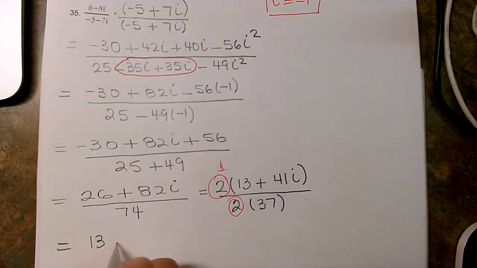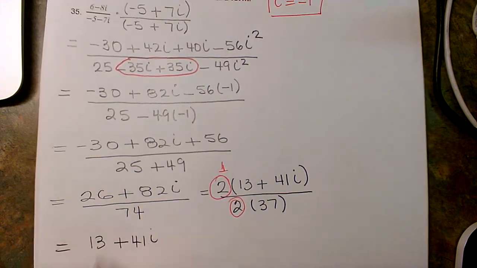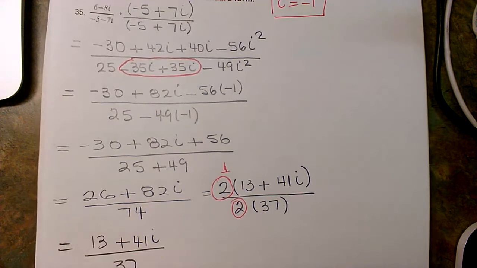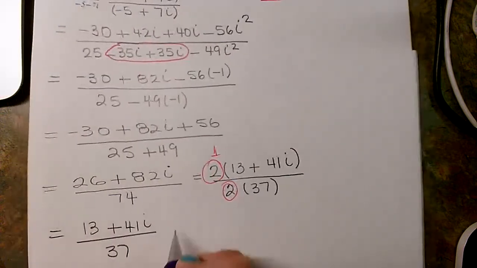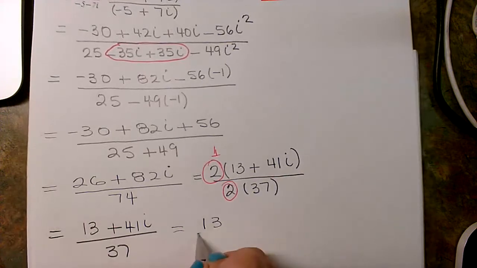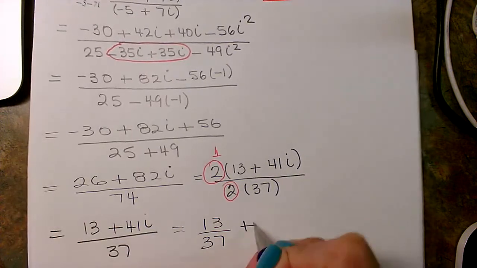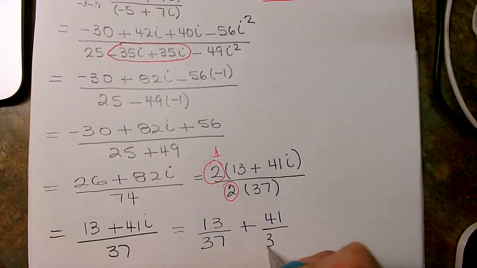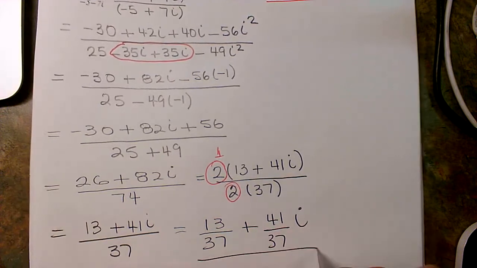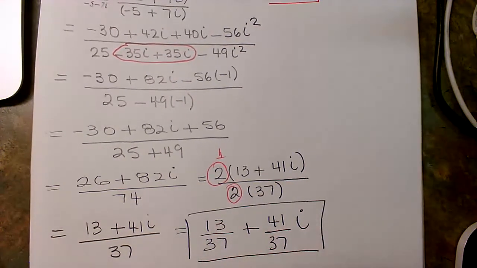So what I have is 13 plus 41i divided by 37. They want us to do it the standard form. So the standard form needs to be 13 divided by 37 plus 41. This is how they want us to write the answer.